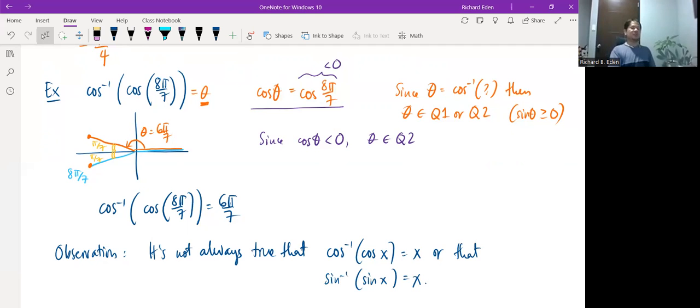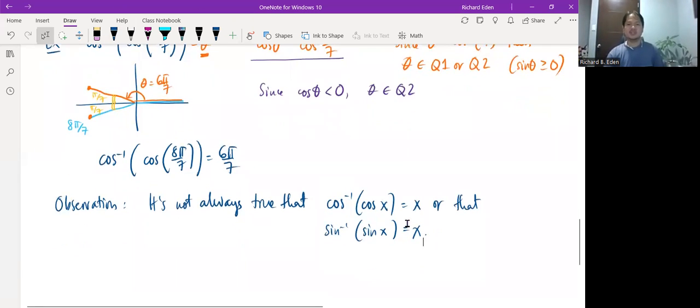It's not always going to be. Because when you're using the cosine inverse, there is a restriction being considered as far as the domain and range is concerned. However, when you write cosine of x, inside where I put that bracket, the restriction is not being considered. So x can come out as whatever domain and range is being used for cosine inverse.